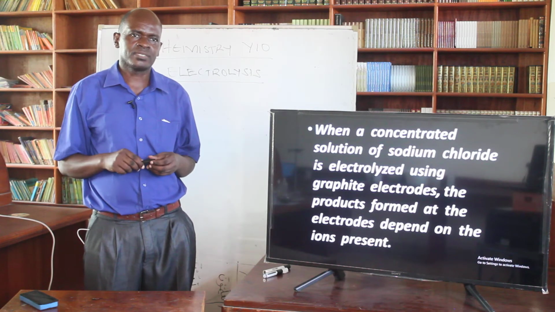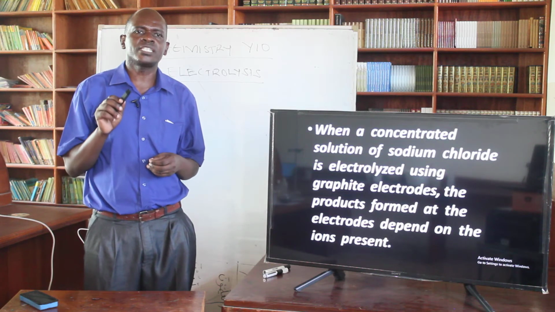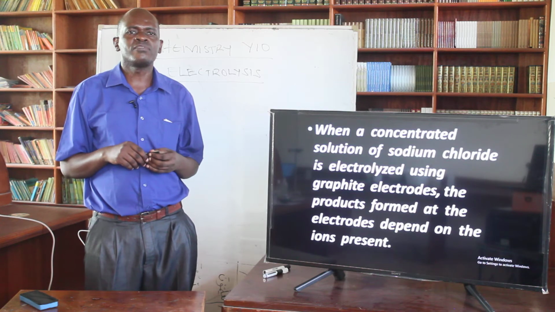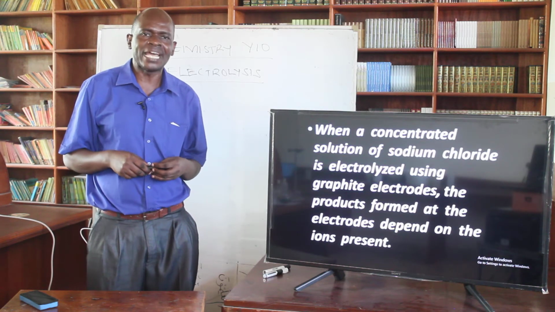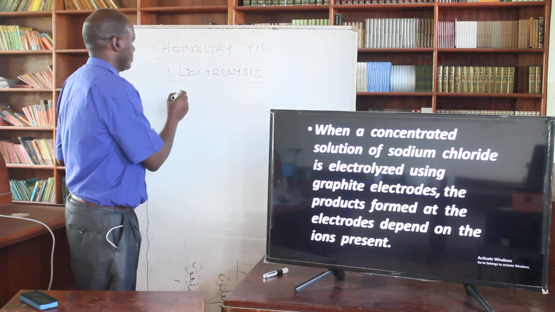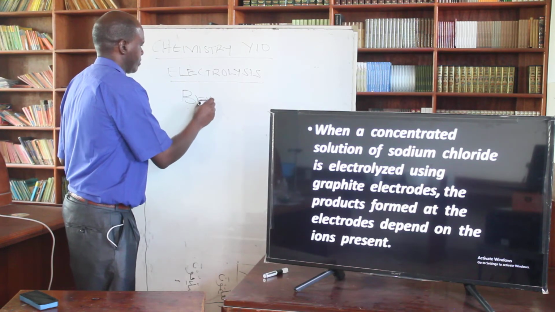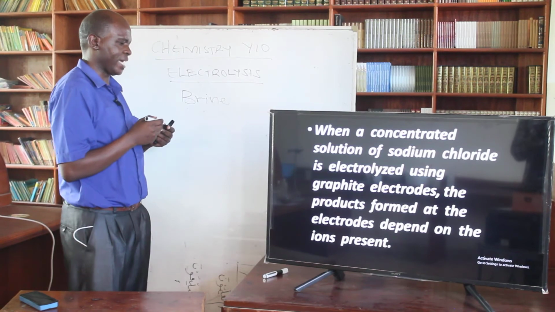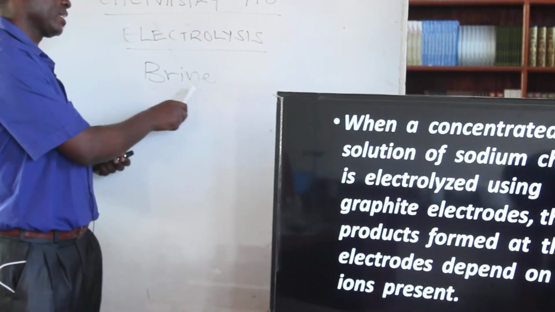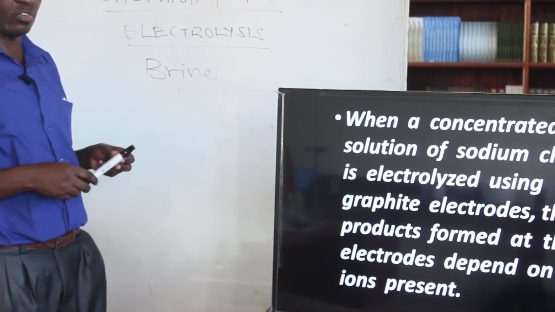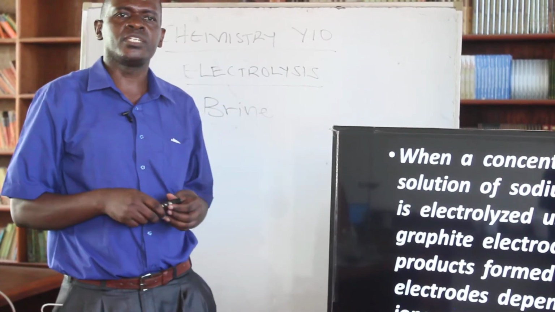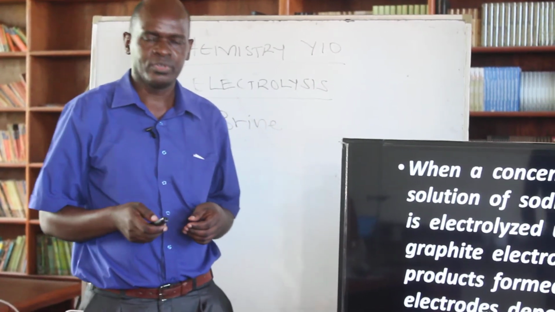Sometimes in chemistry, we refer to a concentrated solution of sodium chloride as brine, B-R-I-N-E. So when you hear of brine, we are talking about a concentrated solution of sodium chloride.